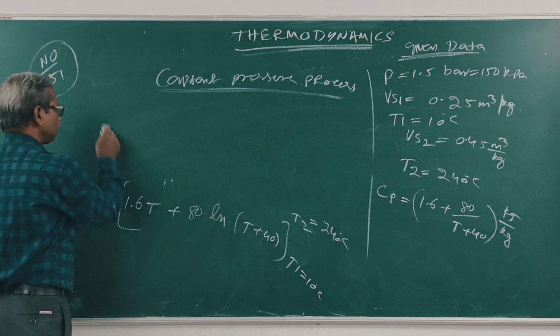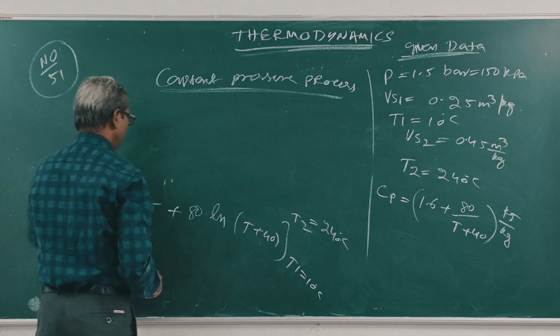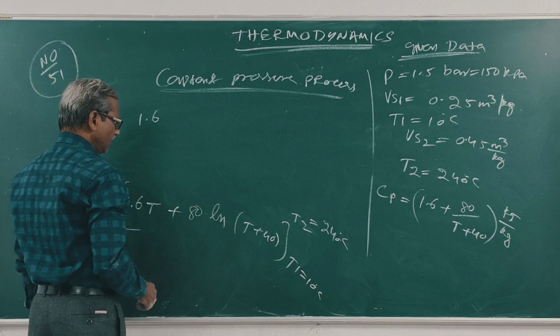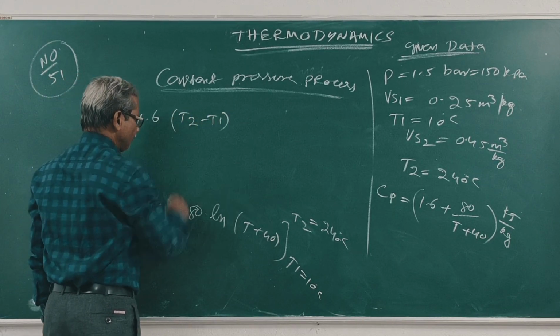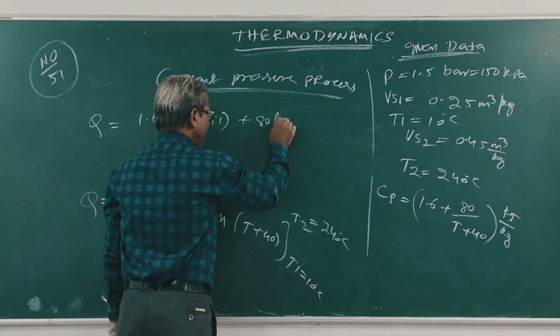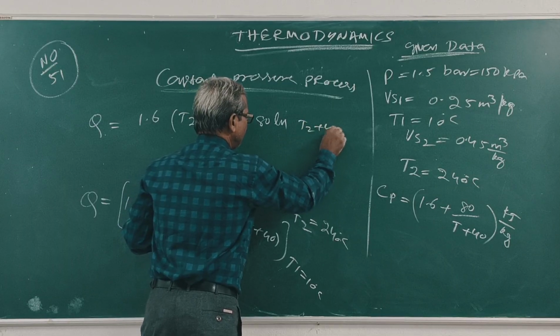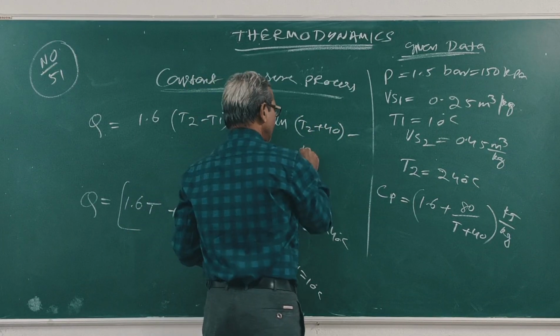This implies Q is equal to 1.6 into T2 minus T1, plus 80 log of T2 plus 40 minus log of T1 plus 40.